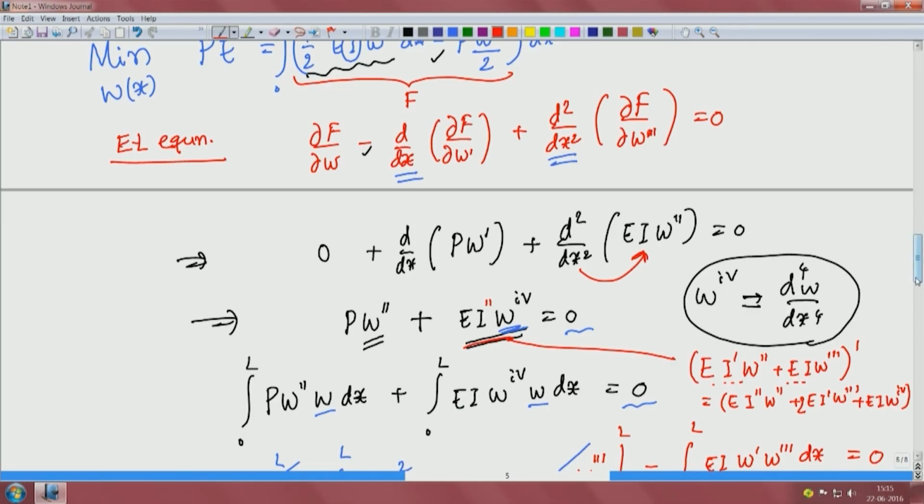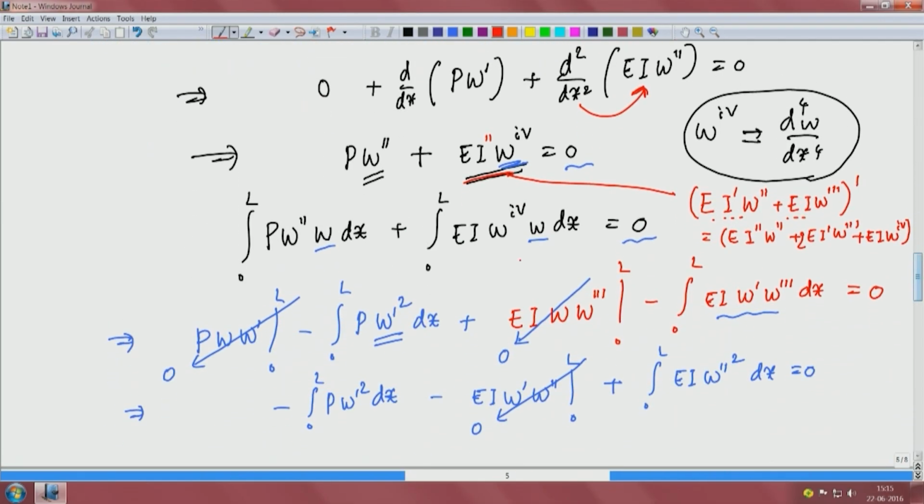After that, when we multiply by W, we have to reduce each one of them. So, now the Rayleigh quotient actually becomes different from what we had, because we have to do integration by parts for each of these terms. We have done it only for one term because the other two terms were not there, as we assumed that I is constant, so I prime and I double prime are not there.